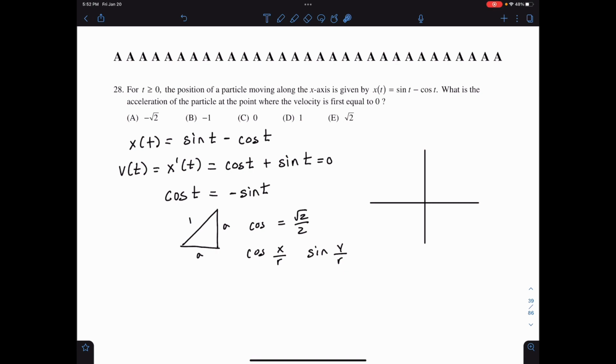So now let's quickly draw in all the 45, 45, 90 triangles. So there's one there, and there, and there, and there. Something like that. Okay. So now in this first quadrant, x is positive, so we get positive root 2 over 2 for the value of cosine, and y is also positive, so we get positive root 2 over 2 for the value of sine.